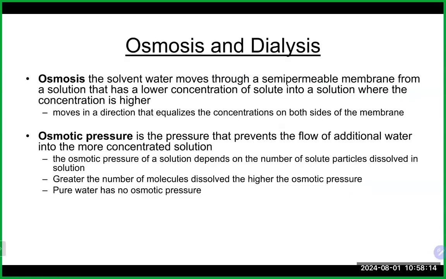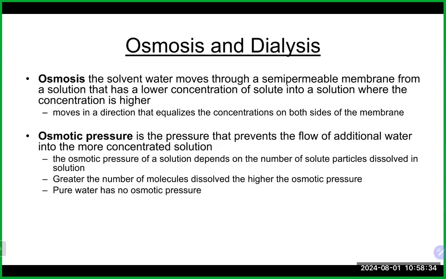Now, we talked about osmosis and osmotic pressure. Osmosis is the process where water molecules or solvent molecules move from a lower concentration to a higher concentration, really in an effort to balance out the concentration on both sides of a membrane.